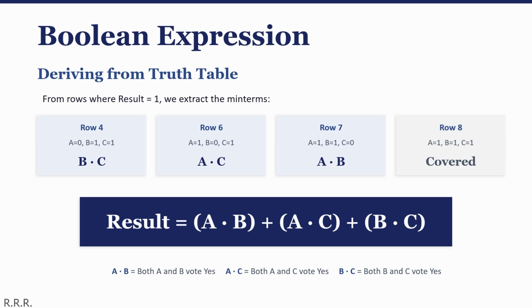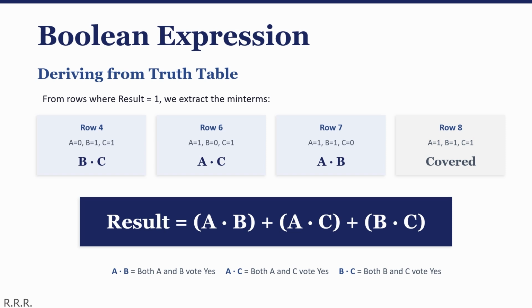From row 4, where A is 0, B is 1, and C is 1, we get the term B and C. From row 6, where A is 1, B is 0, and C is 1, we get A and C. From row 7, where A is 1, B is 1, and C is 0, we get A and B. Row 8, where all inputs are 1, is already covered by the previous 3 terms.